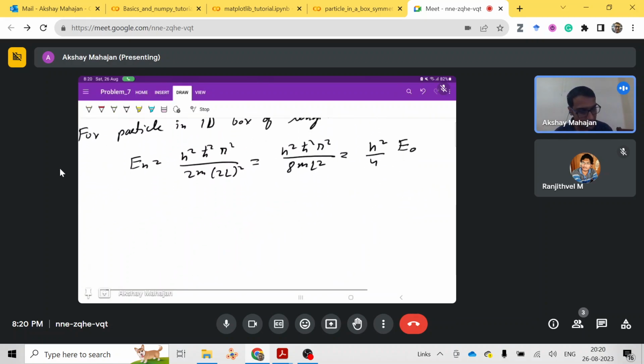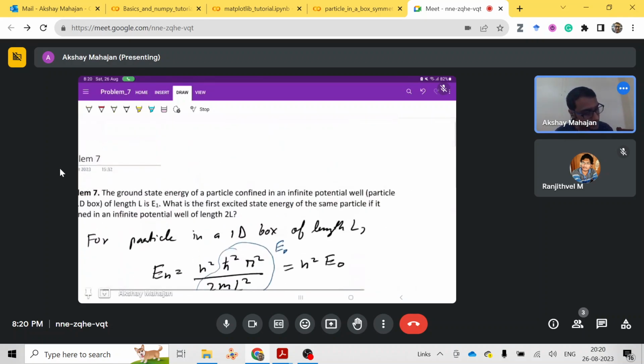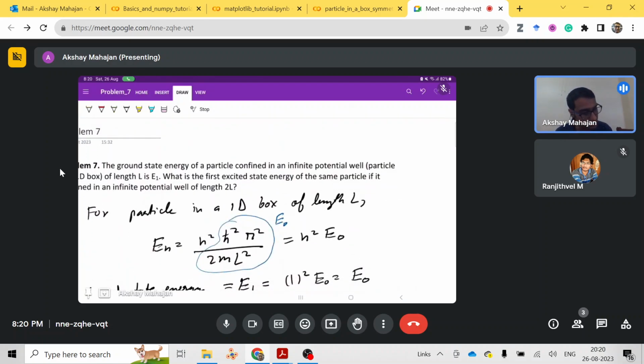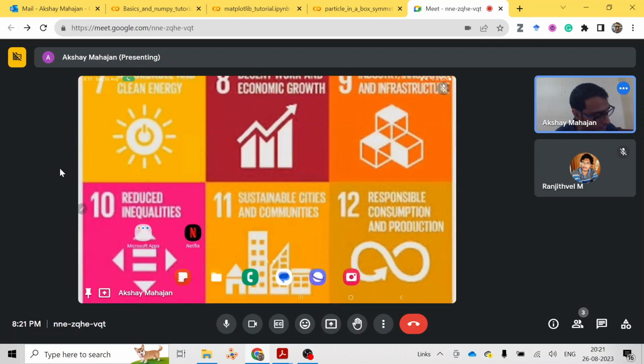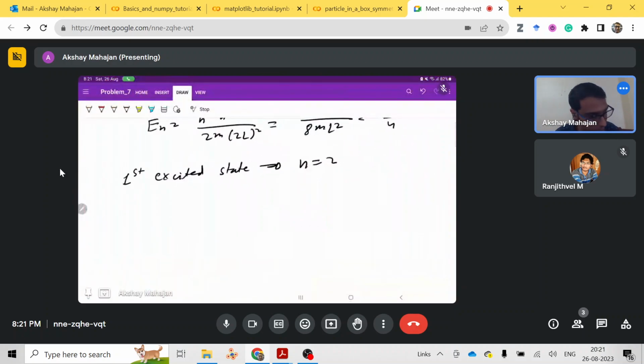And now what has been asked is, for this system with length 2L, we have to find the first excited state energy. When we say first excited state, we mean n is equal to 2.